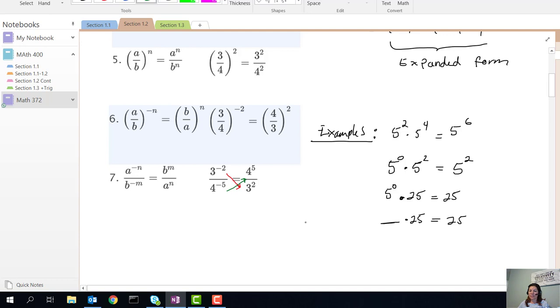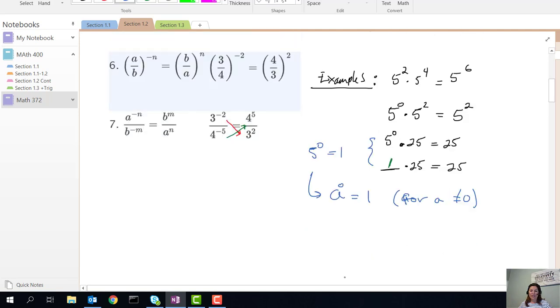And so that must be 1. So this tells us that 5 to the 0 is equal to 1. And you can do this for any problem, which really then says that a to the 0 is 1, as long as a is not equal to 0. Right? 0 to the 0 is undefined, so we don't want to do that.